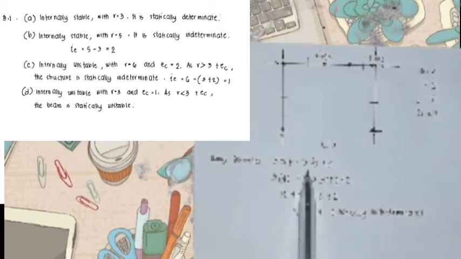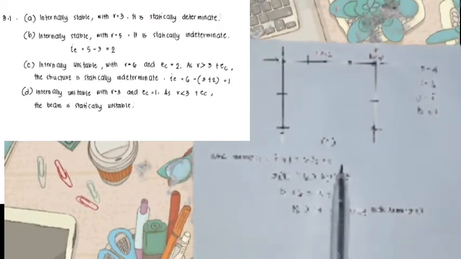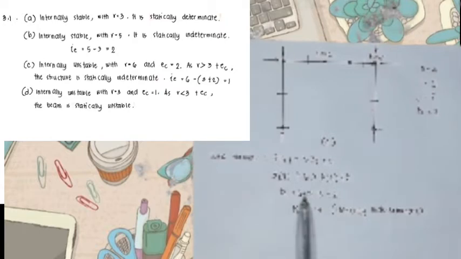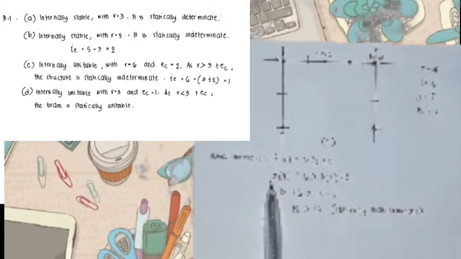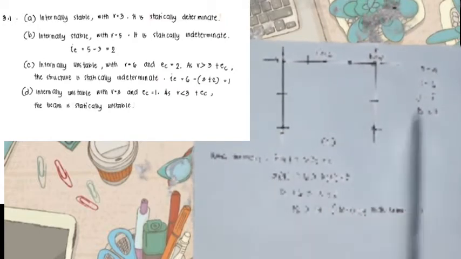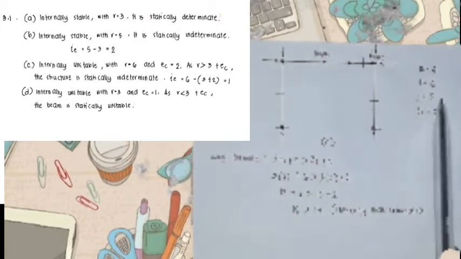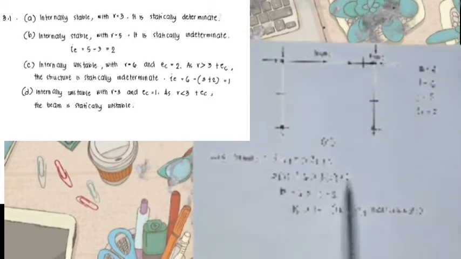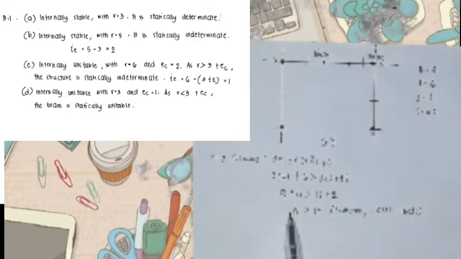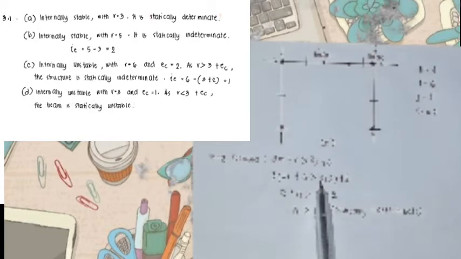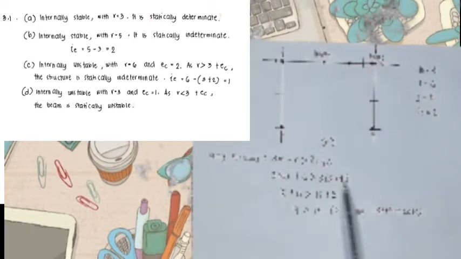R greater than 3J plus EC. So, plug in natin. 3 times the number of members, 4, plus the reaction 6, greater than 3 times 5 joints plus 2.